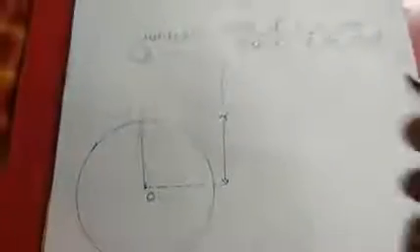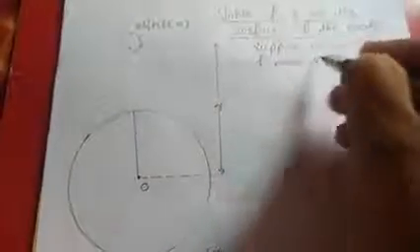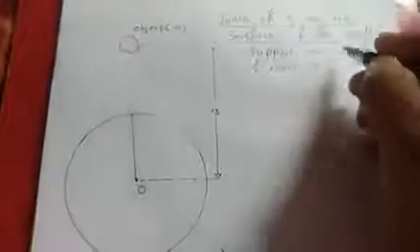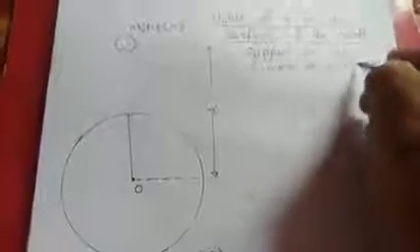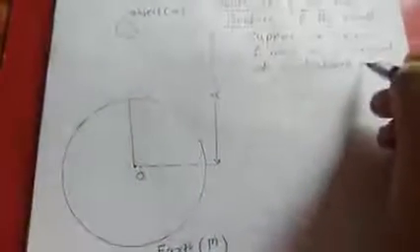So let us write down: suppose an object of mass m is situated at a distance r from the center of the earth.